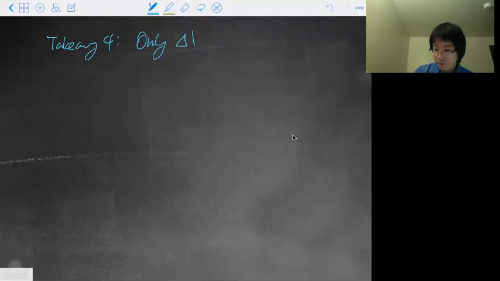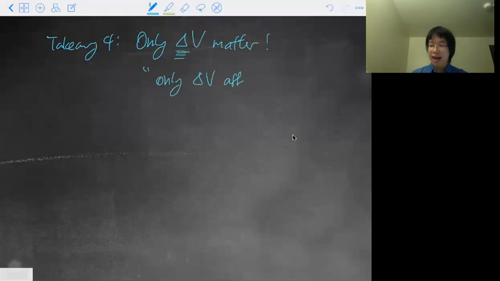Only delta V's, the delta, matter. The absolute potential doesn't really matter. So sometimes we say only the potential difference, only delta V, affects the physics of things. Physics basically means how things move.